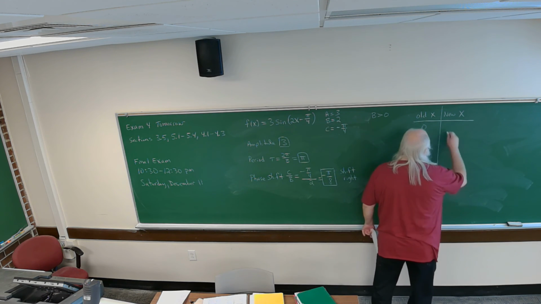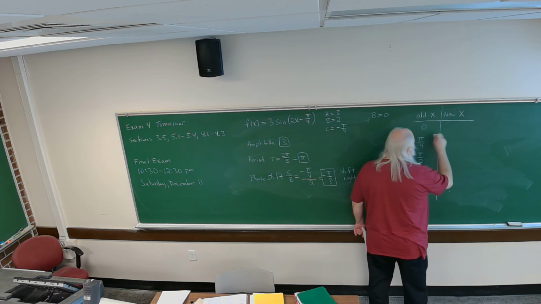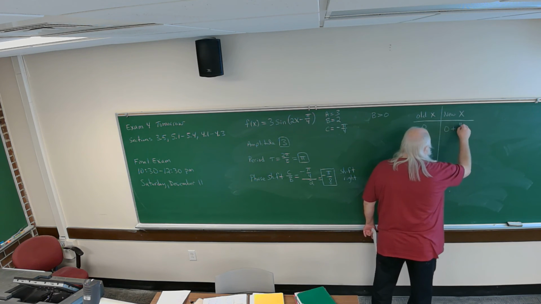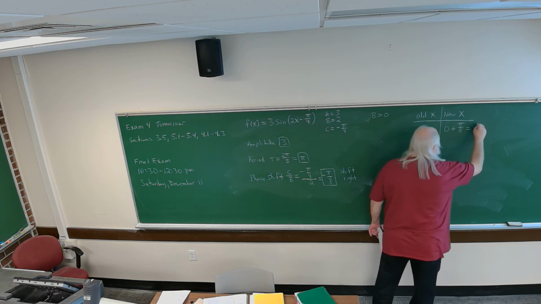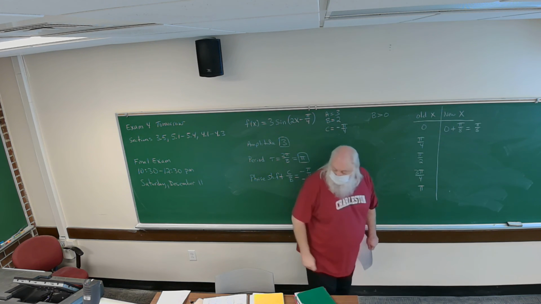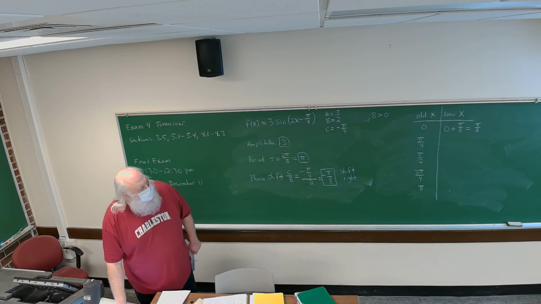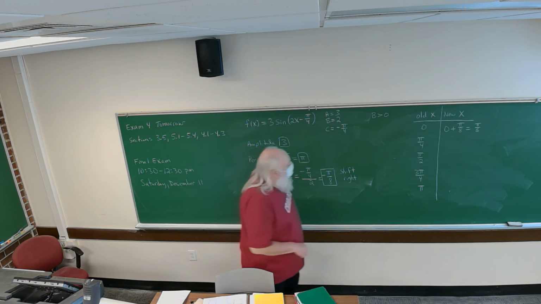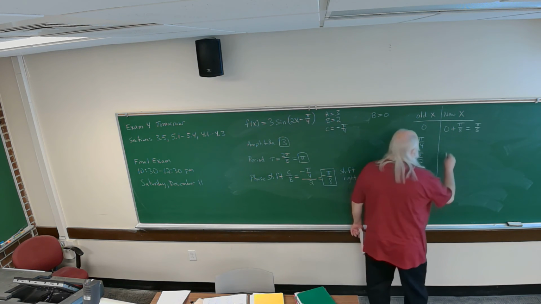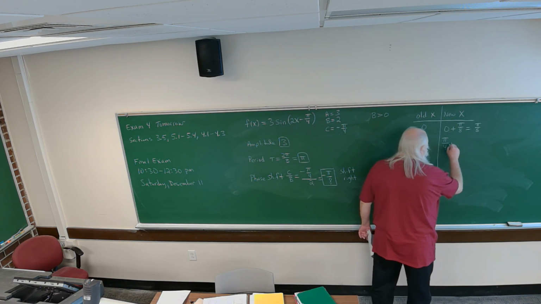So the first old x coordinate is 0. We add pi over 8 radians to it. We get pi over 8. Okay? So instead of starting at the origin, it's going to start pi over 8 radians to the right. And then the second key point had an x coordinate pi over 4.